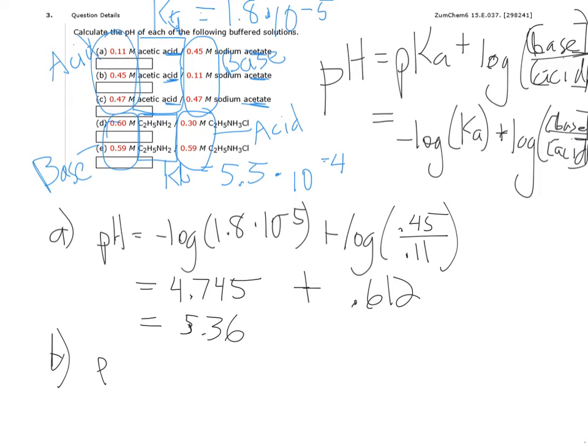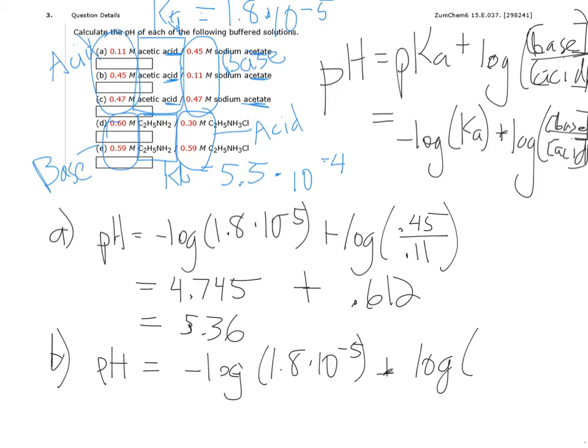And we'll just follow this structure all the way through. In part B, it's the same acid, acetic acid. This time they switch our concentrations a little bit. They give us, for the base, 0.11, and for the acid, 0.45.